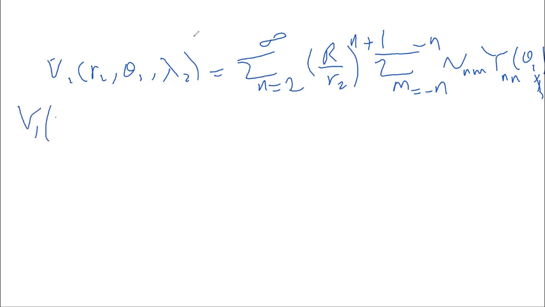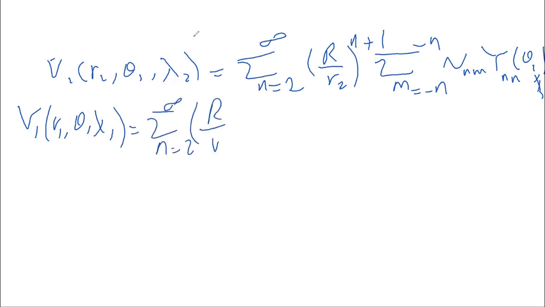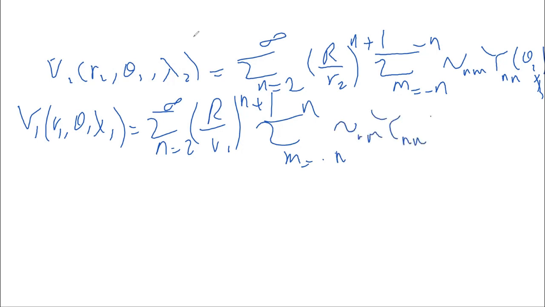And V1 is the same, but at the position of the first satellite. I write it fast. V n m is constant, Y n m at theta 1 and lambda 1.